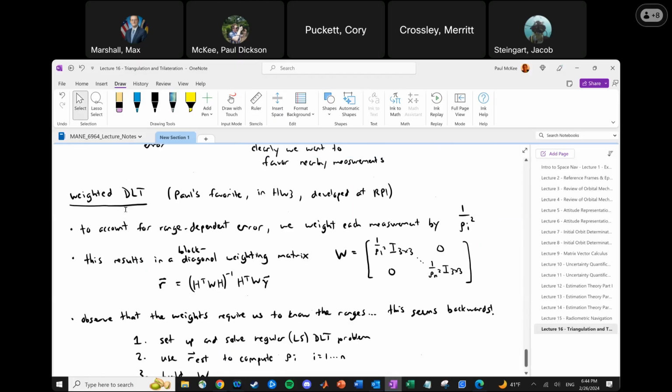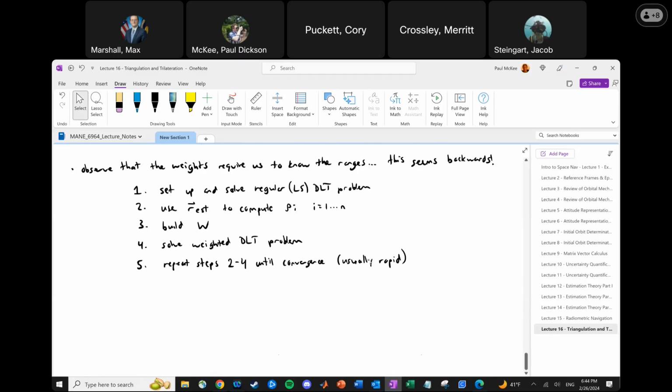We're going to focus on weighted DLT in this class, but for your awareness, there is an additional algorithm, which we'll just talk about very briefly, called the linear optimal sines triangulation algorithm. Somebody with a sense of humor named it because it spells lost. Linear optimal sines triangulation algorithm.